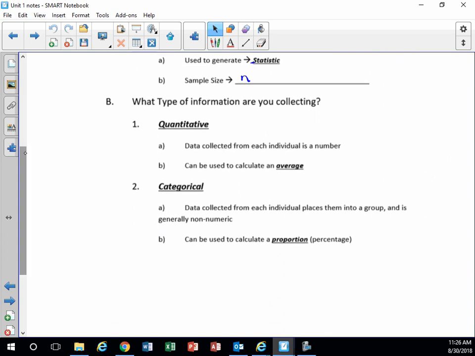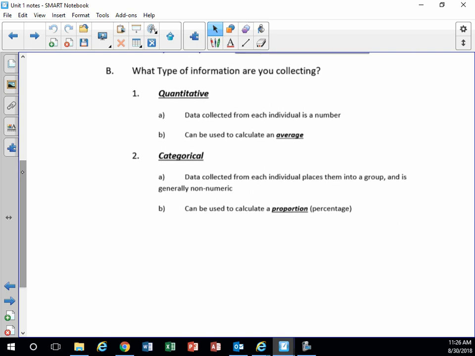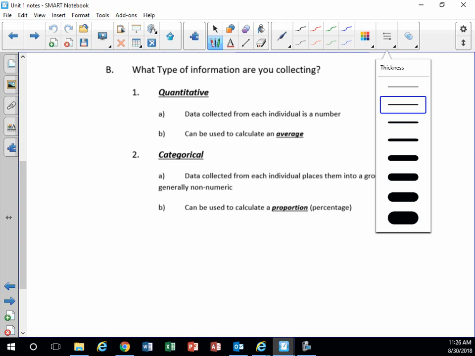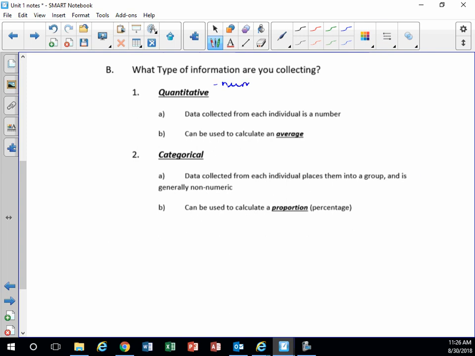So there's two types of information you can collect. The first is quantitative. Okay, quantitative is a numerical value. And you can ask yourself, should I take the average of this type of data?